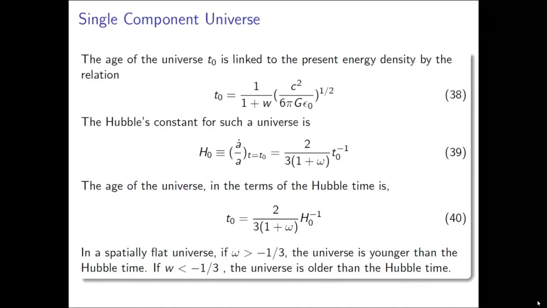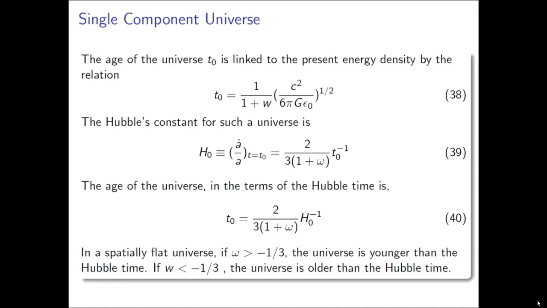So if in a spatially flat universe we take omega to be greater than -1 by 3, our value of the denominator keeps increasing, and we can see that the age of the universe is younger than the Hubble's time.